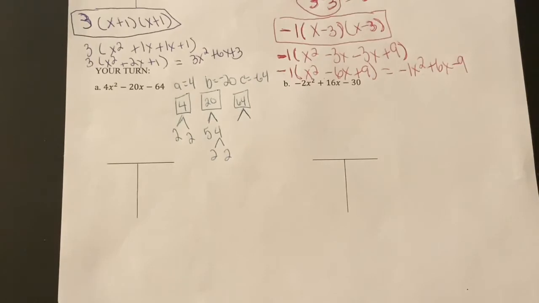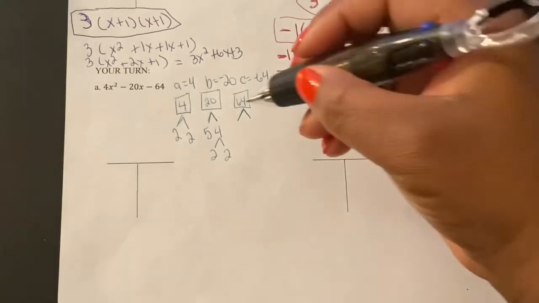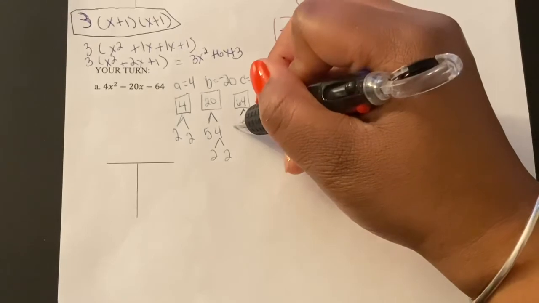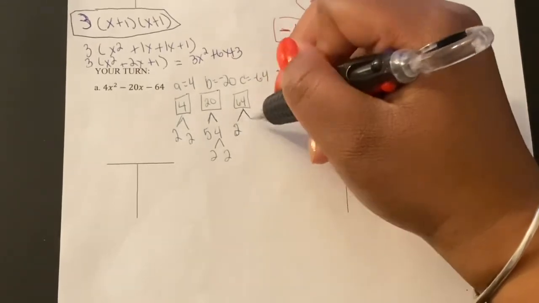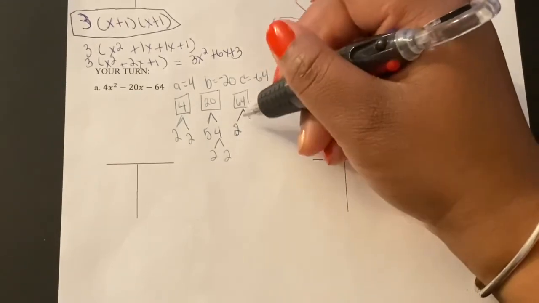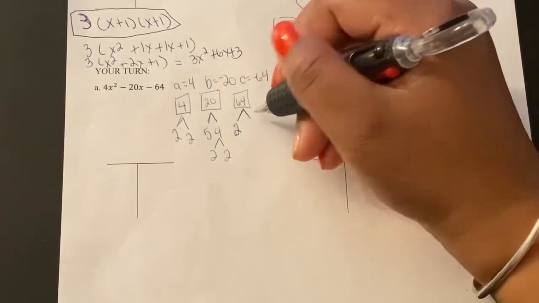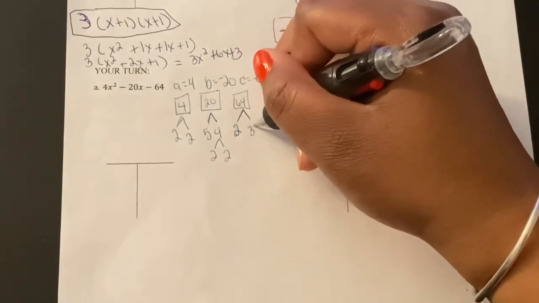And I think it's going to be 2, actually. Okay, it's going to be 2. So you break down 64: 2 times 32 is 64.